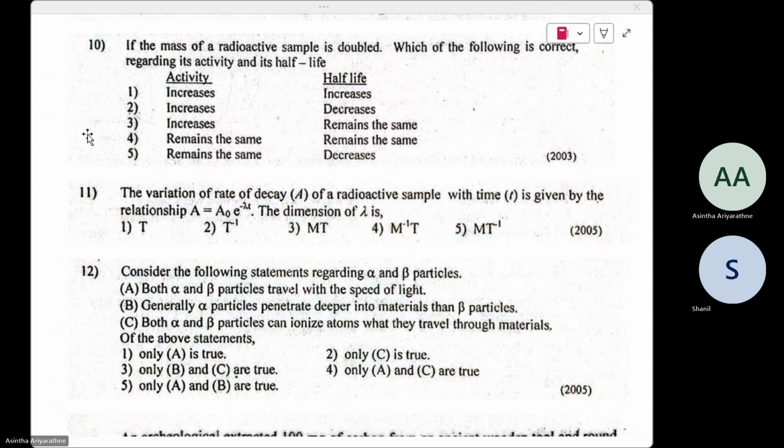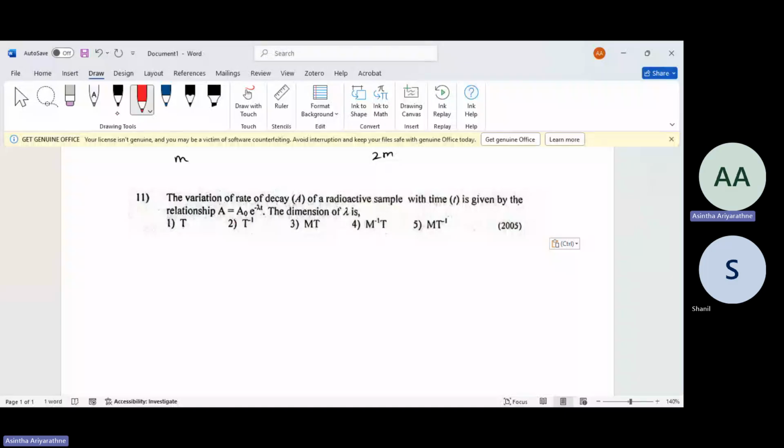Dimension of lambda T, or T minus 1. It will be T minus 1, right?